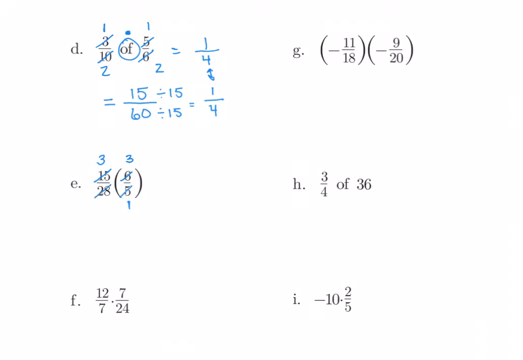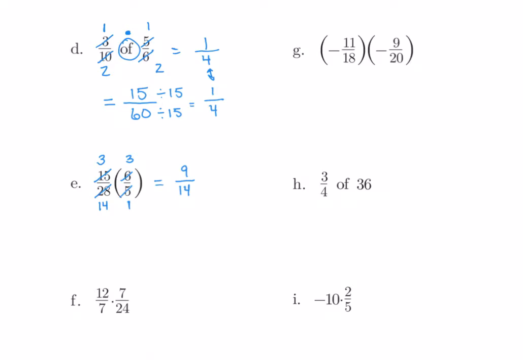And 28 divided by 2 is 14. And so now if we go ahead and multiply straight across, we get 3 times 3 is 9. And 14 times 1 is 14. Okay, that takes care of that one.